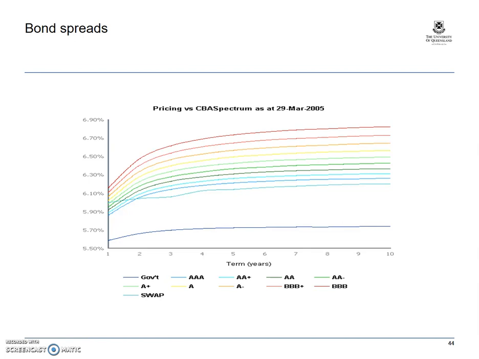And then as we go up in terms of the lines, those bonds have lower and lower credit quality. And the very top line you can see will be a BBB bond, which on this chart has the highest default risk and hence requires the highest rate of return.